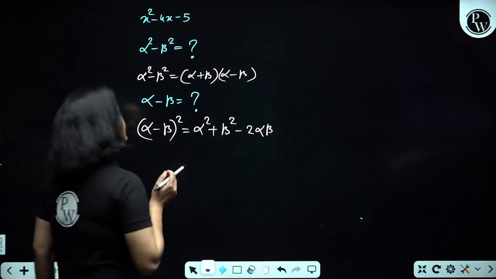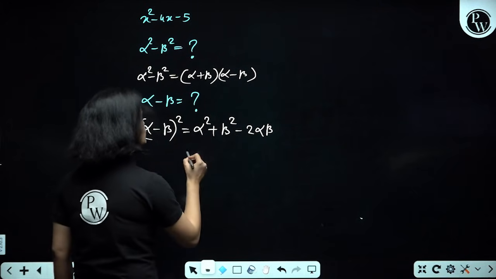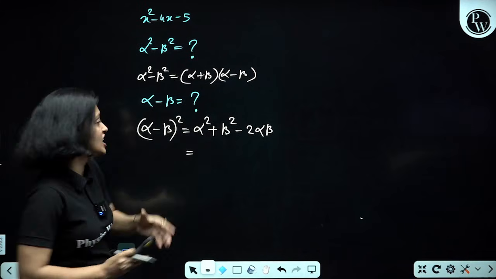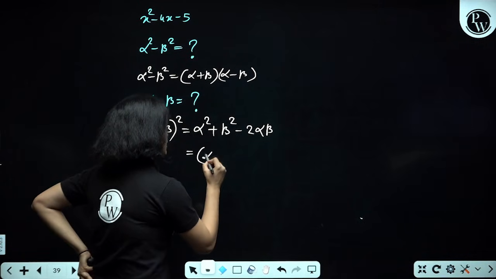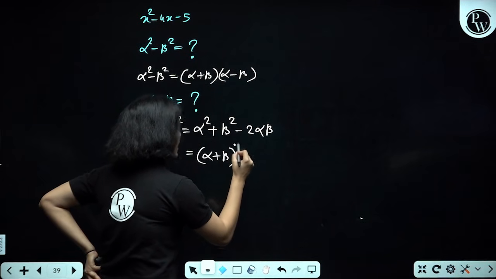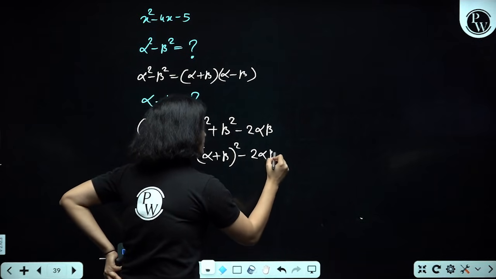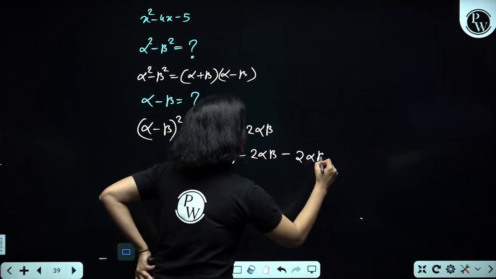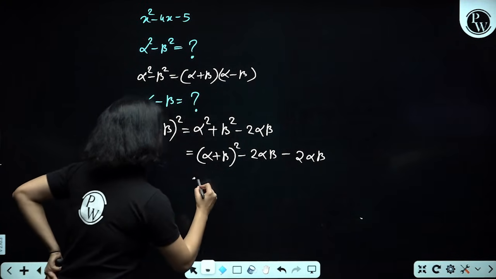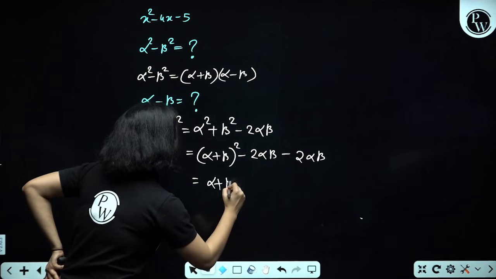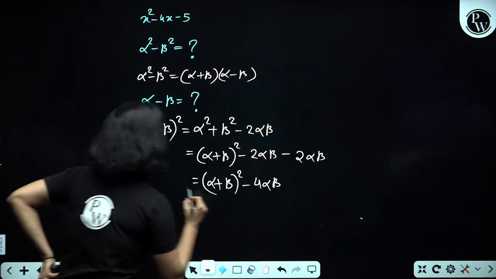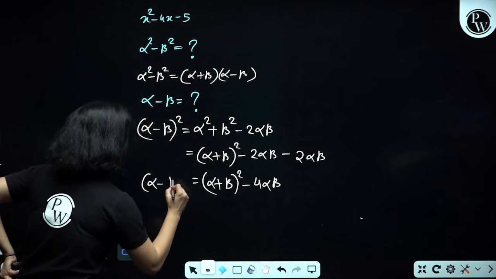Now, all you need to do is think, can you figure out alpha square plus beta square? You can. We just saw that alpha square plus beta square is equal to alpha plus beta whole square minus 2 alpha beta. Right or not? And then you had another negative 2 alpha beta here. So from here you can say alpha plus beta whole square minus 4 alpha beta. This would give you alpha minus beta whole square.